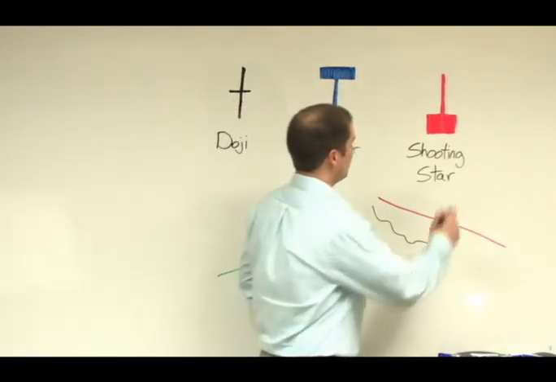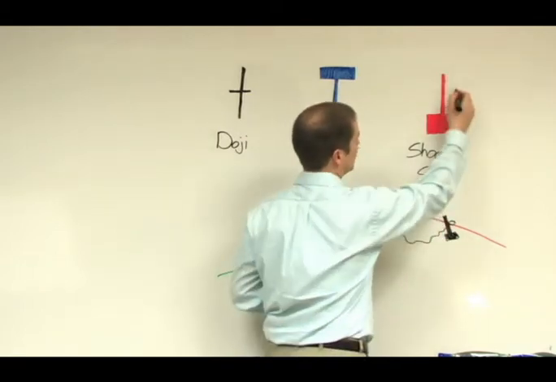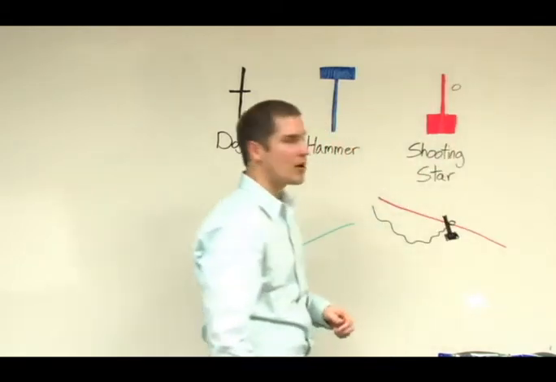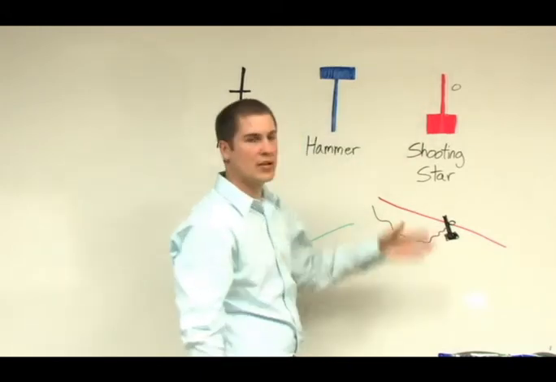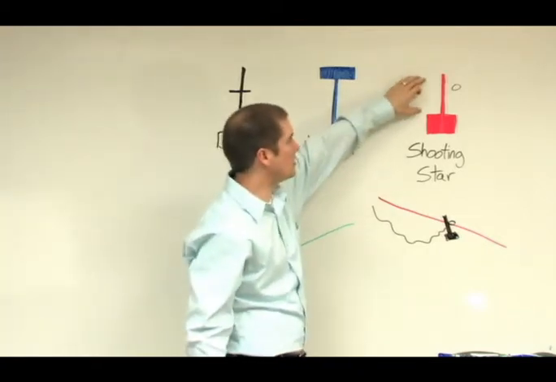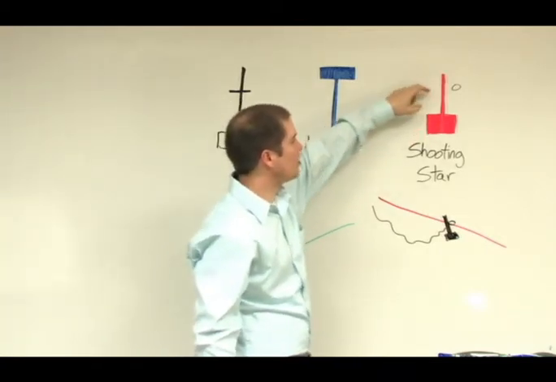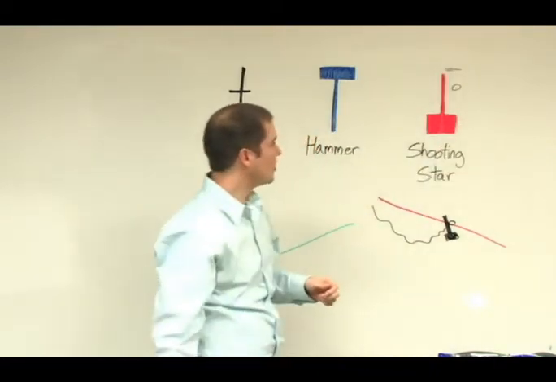So if this is my shooting star that's showing up down here, then I'll look to place an entry order a bit higher up on the candle, because when this is exceptionally long, a couple of candles later, a lot of times prices will go back and retest the high on this wick. And so I'll place an entry order up here. I'll place a stop up above the high.